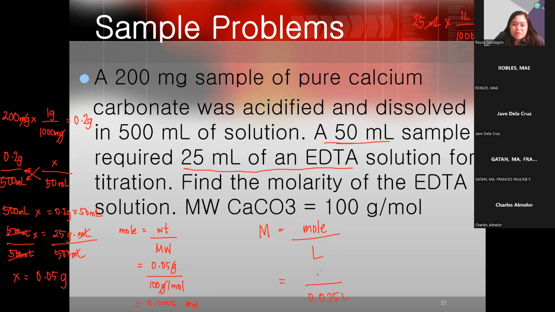So 0.0005 mole divided by 0.025 is 0.02 moles per liter, or this is equivalent to 0.02 capital letter M. So this is now the answer, class.